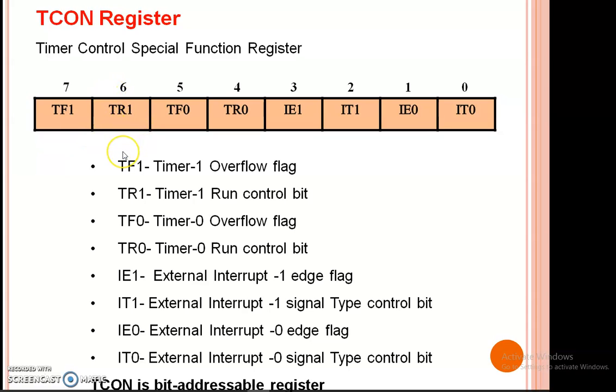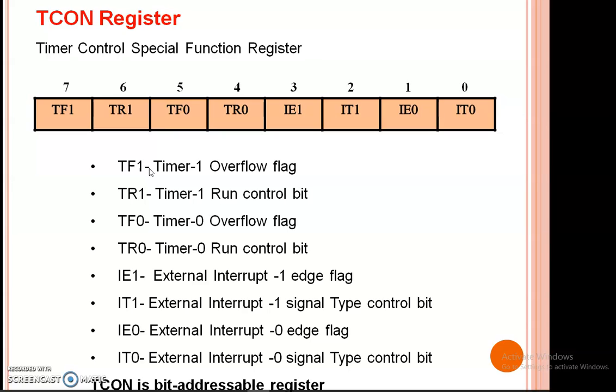After running, it will count up from the specified number to all Fs, then immediately it will become all zeros. Whenever the timer reaches all zeros, the TF1 bit is automatically set to 1. So TF1 becoming 1 means the timer reached all zeros from its specified number.